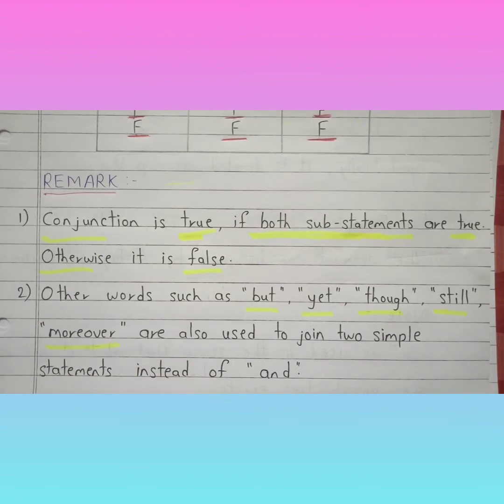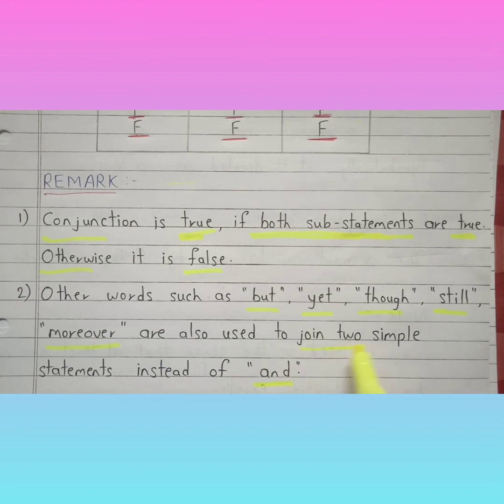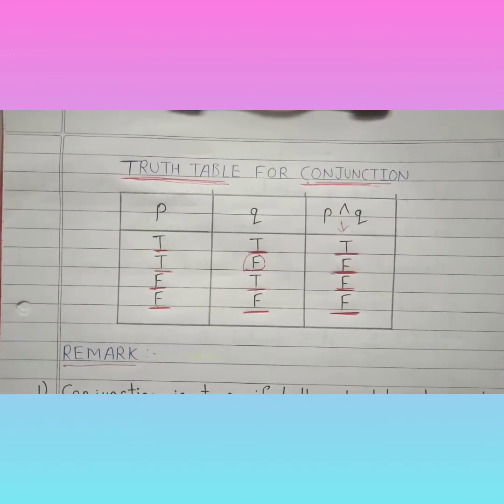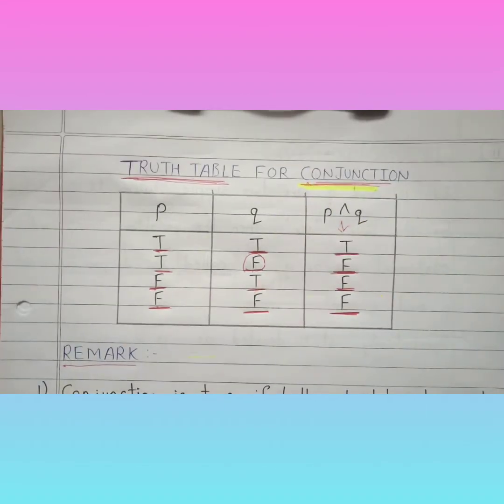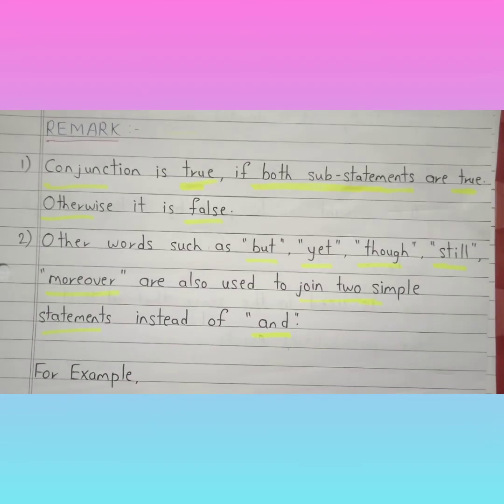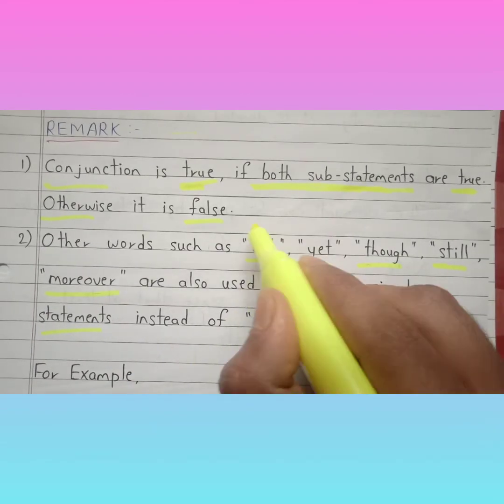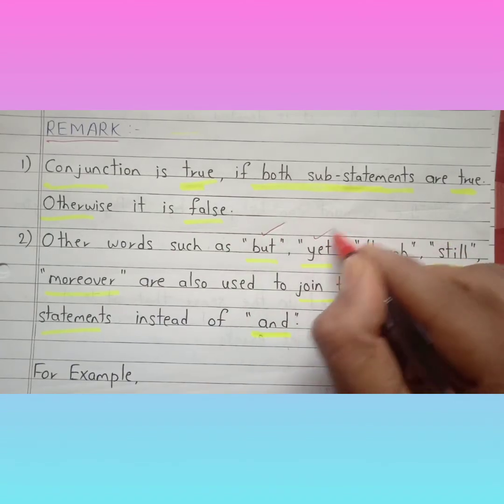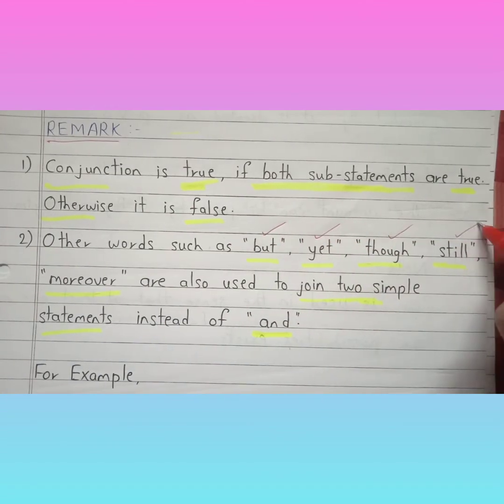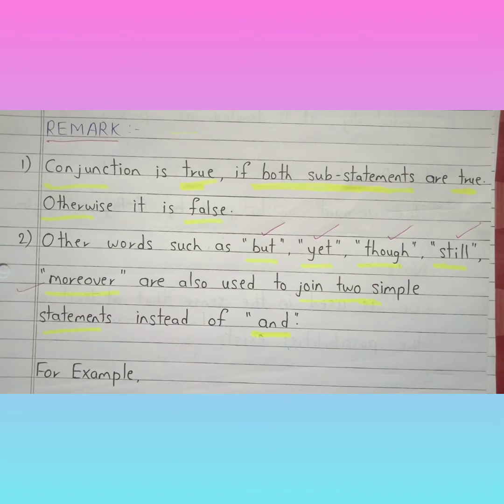These are some other words which you can use instead of "and" to join two simple statements and make a conjunction. So to make a conjunction, it is not necessary to use only "and". You can go for these words also: but, yet, though, still, and moreover.